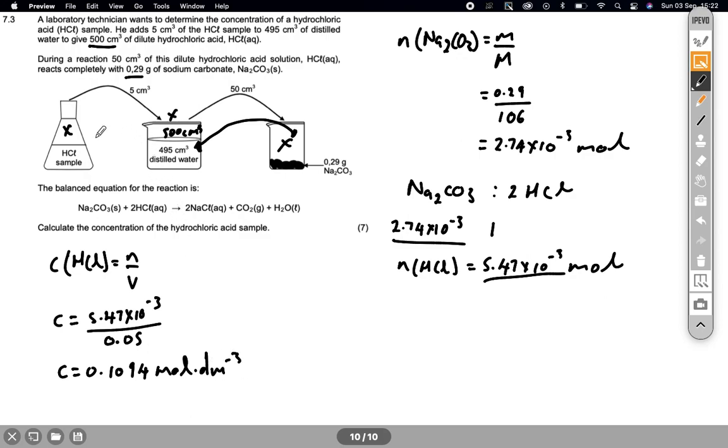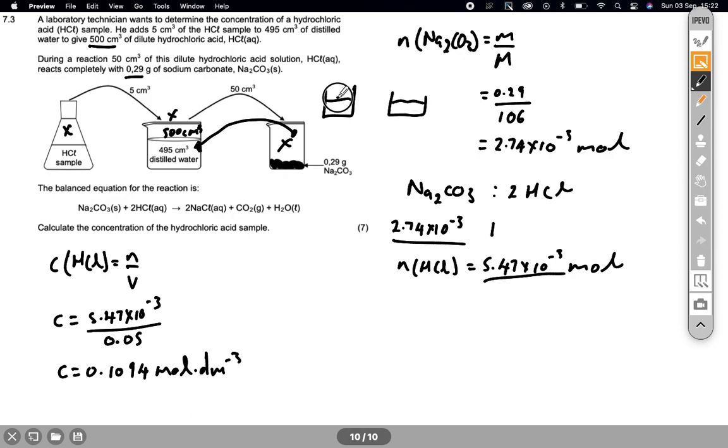Okay, now this means that, so what is actually happening here, you have the HCl sample, so this is just HCl, and then you have your distilled water over here.